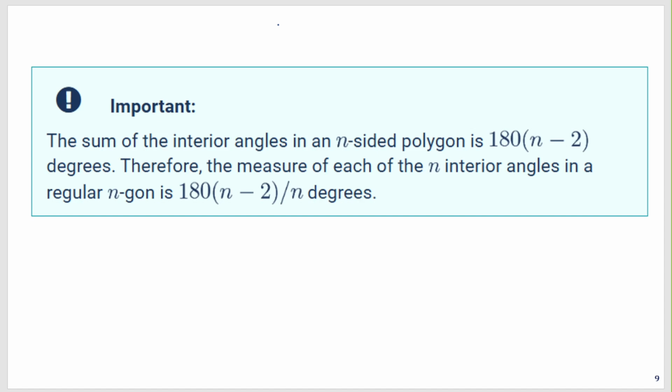Therefore, the measure of each of the n interior angles in a regular n-gon is given by the sum of the total angles divided by n, right? This is one of the most important properties for polygons. So have a look at the property here, and probably you want to write this down.